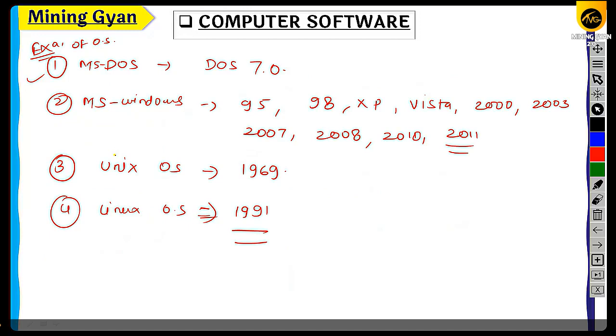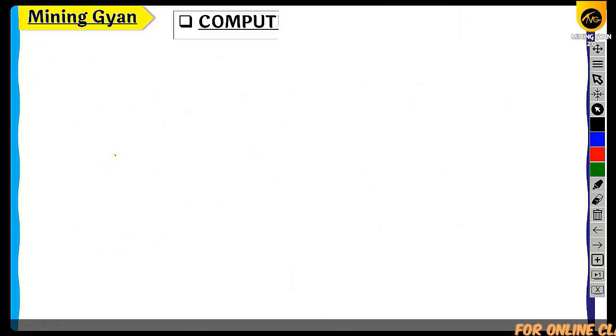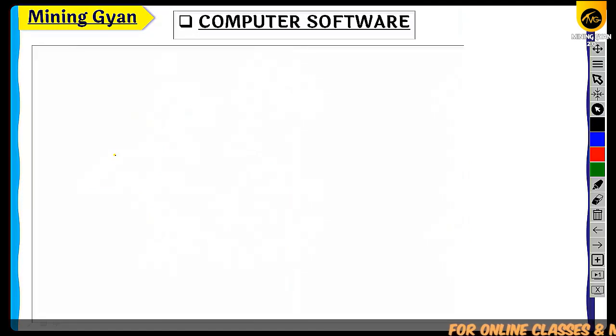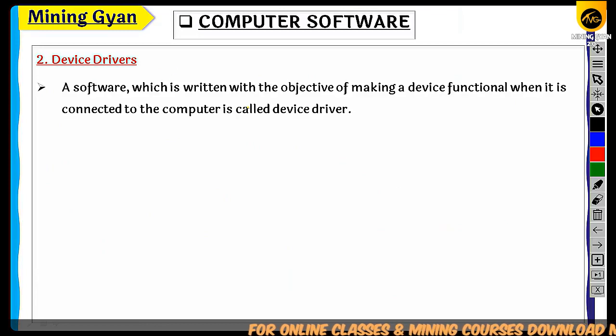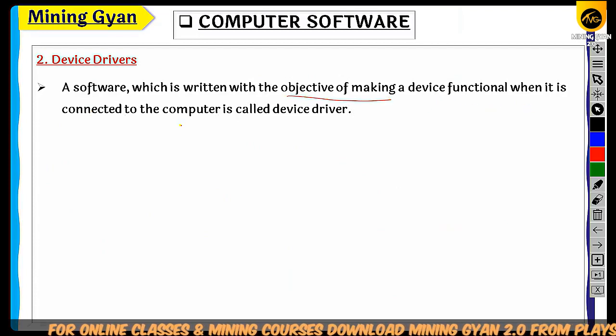Now the next type of software is the device drivers. So the device driver software is a software which is written with the objective of making a device functional when it is connected to the computer.